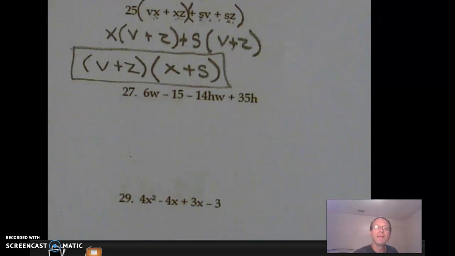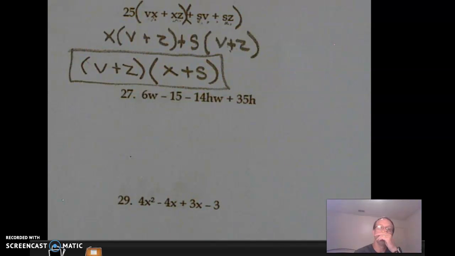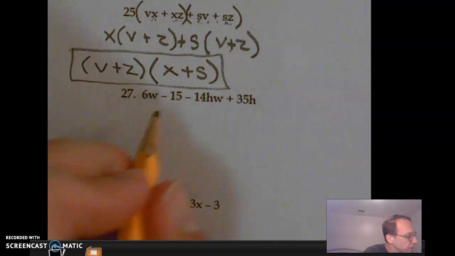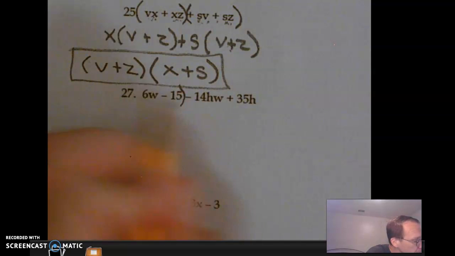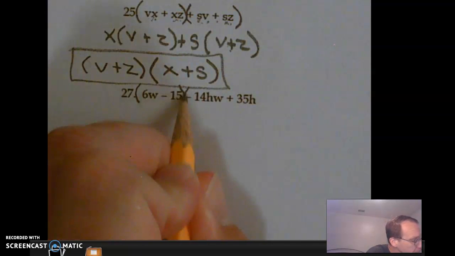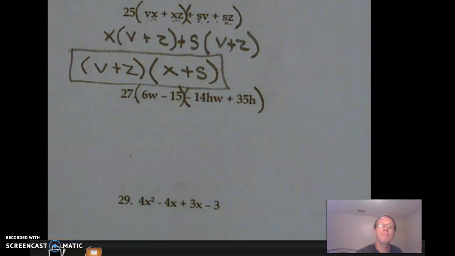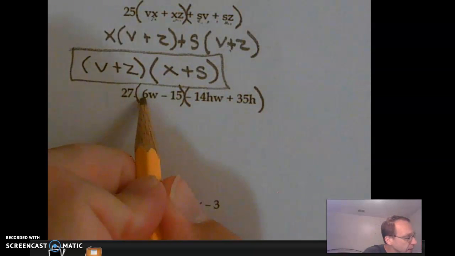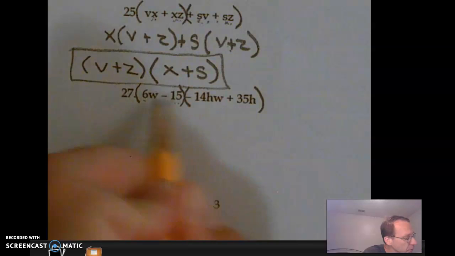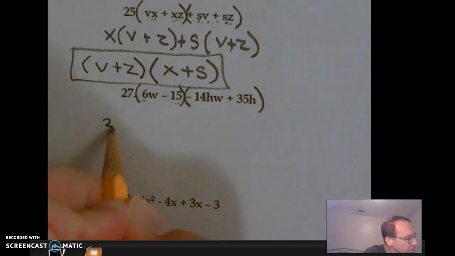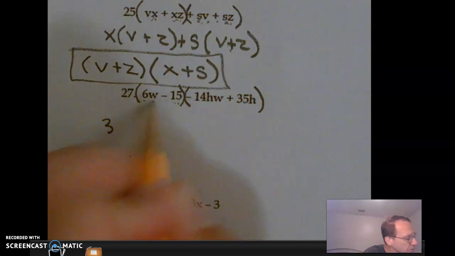All right, I'm going to do as many of these as I can before time is up. Now let's take a look at this one. So this one, if we group them, okay, here we could factor out a 3 out of both of these terms, but not a w.